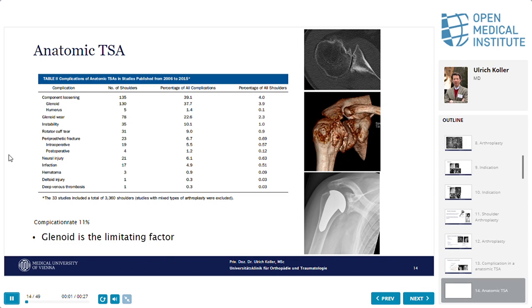Here is a review of 3,860 shoulders, and they found out the weak point in a shoulder prosthesis is the glenoid. In the anatomic shoulder prosthesis, it is the glenoid. So the glenoid is the limiting factor, and there are a lot of different concepts for how to fight against this.